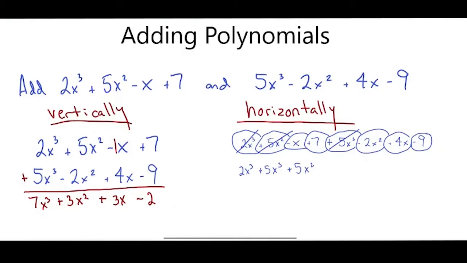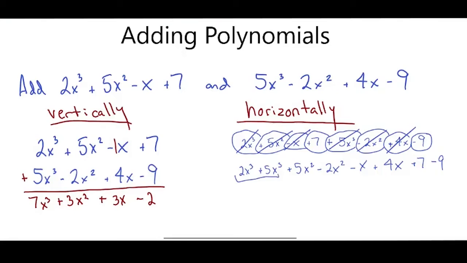And I see I have a minus 2x squared. So minus 2x squared. Next, I have minus x, and the like term with that is this plus 4x here. So I'll do plus 4x so I can cross that off. All that's left is plus 7 and minus 9. Plus 7 minus 9.